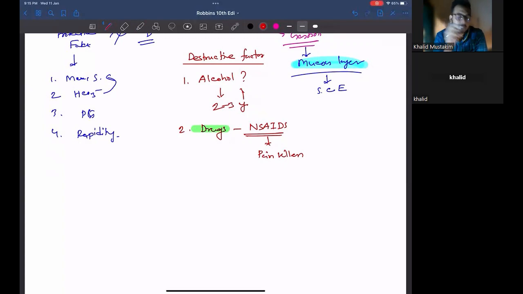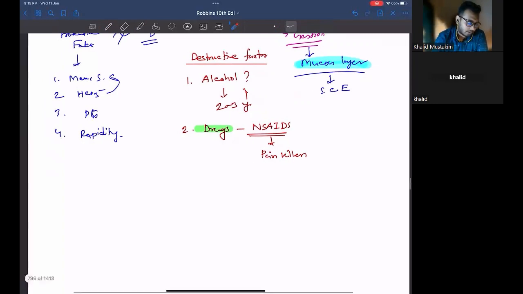So when a person is taking painkillers or NSAIDs, it may cause gastritis in a chronic user. But the question is, how can NSAIDs or painkillers cause gastritis in a patient? Let's learn this.